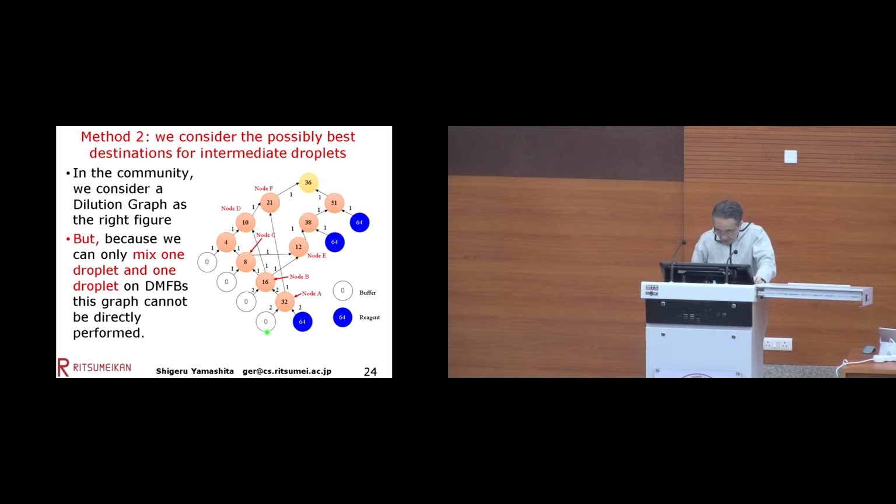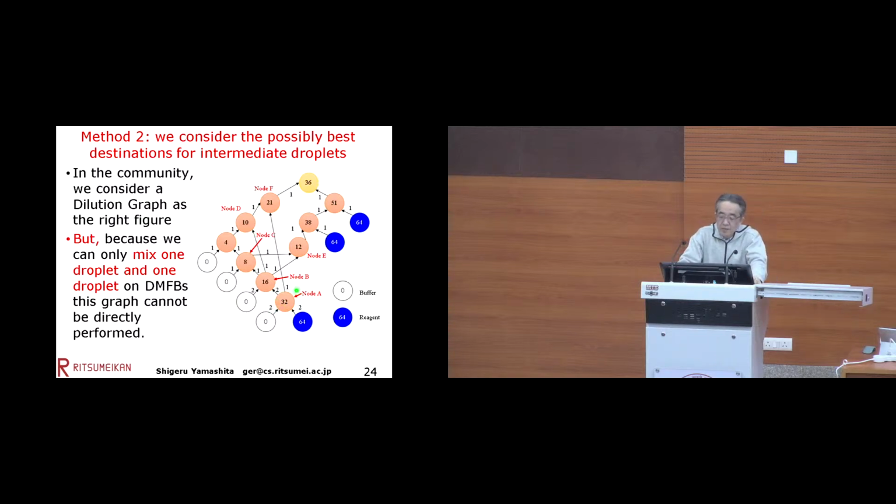And actually, the second method is our main contribution. This is a little bit complex, but in this case, we don't need any cameras, and we just consider how to make the dilution graph. This is a dilution graph when we want to have this 36, for example.